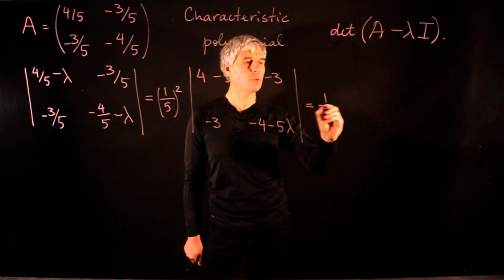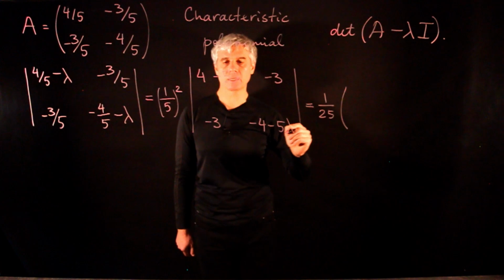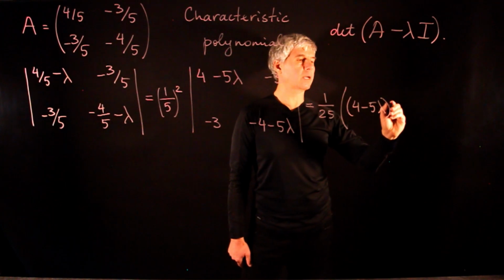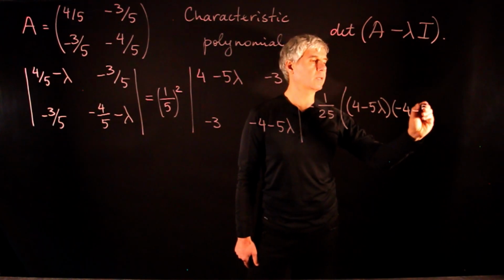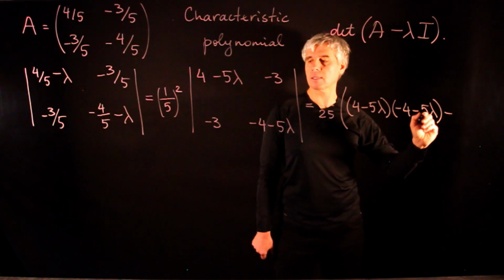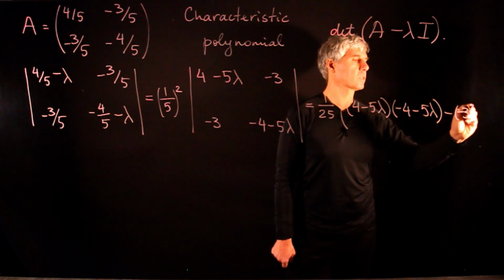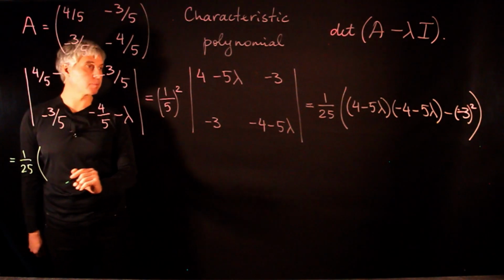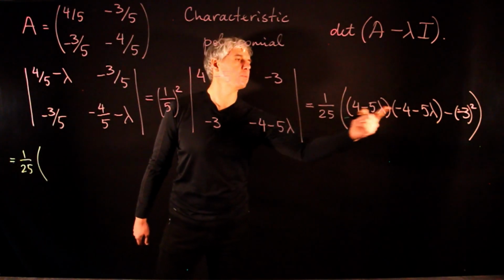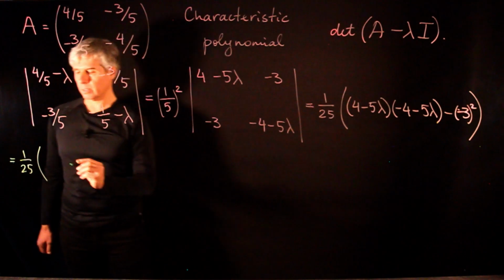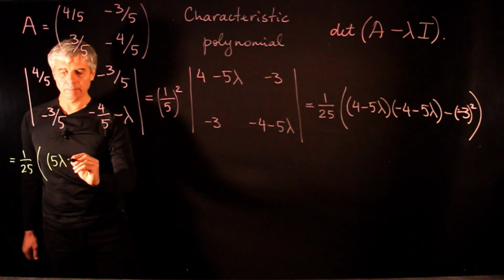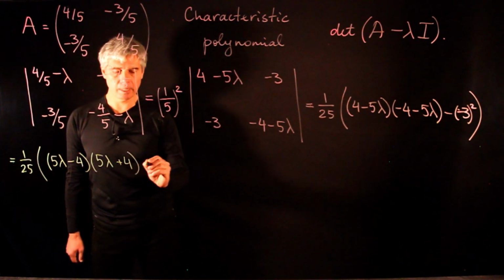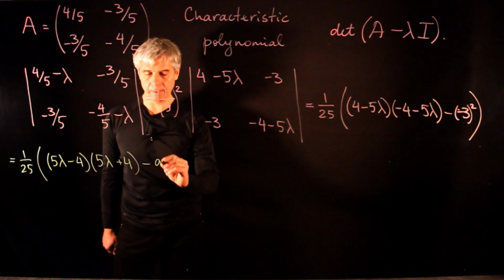Now, this becomes 1/25 times 4 minus 5 lambda times negative 4 minus 5 lambda minus negative 3 squared. So if we switch signs in both of these factors, this will be 5 lambda minus 4 times 5 lambda plus 4, and all of that minus 9.